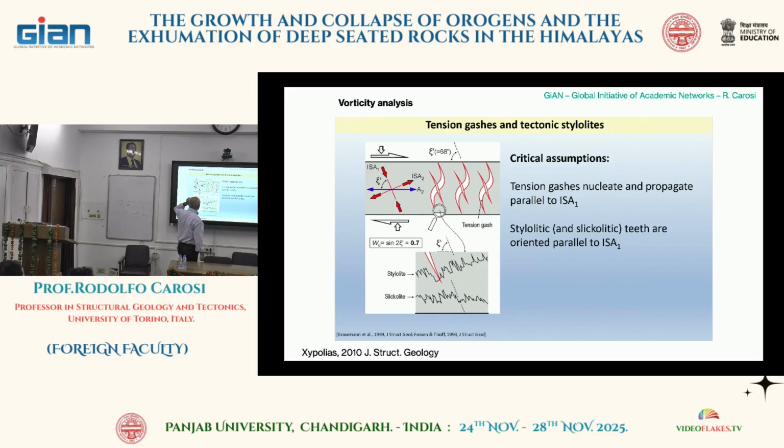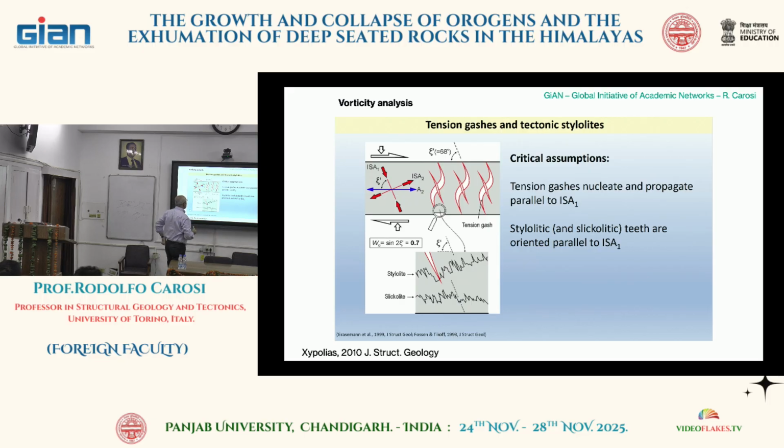Bernard Grasemann found that the initial angle of these tension gashes is parallel to the instantaneous stretching axis 1. So at each instant you have a direction of shortening and a direction of extension, and these lines are parallel to the instantaneous stretching axis 1.